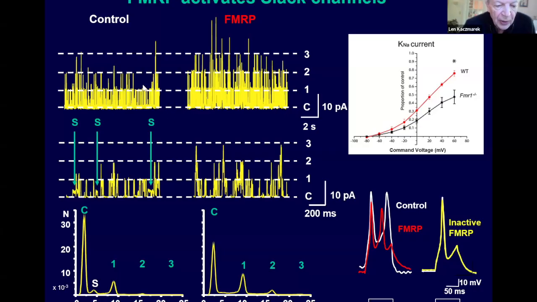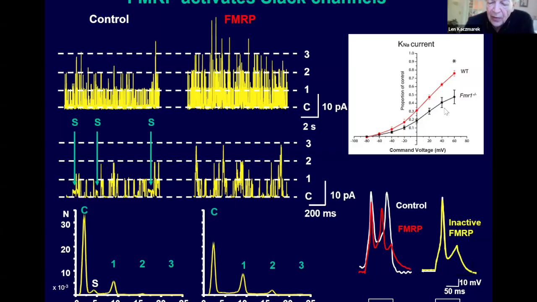So most of the time you can see one opening, but sometimes 2 or 3 open at exactly the same time. And what's obvious is that if you add FMRP to the inside of the patch, now the channel becomes much more active. You get many more simultaneous openings of channels. When you measure the total current, it goes up.